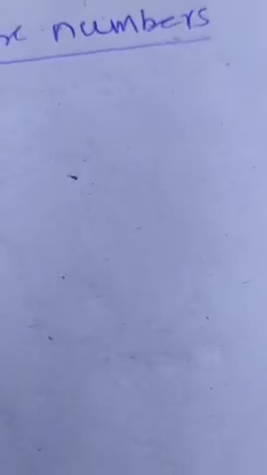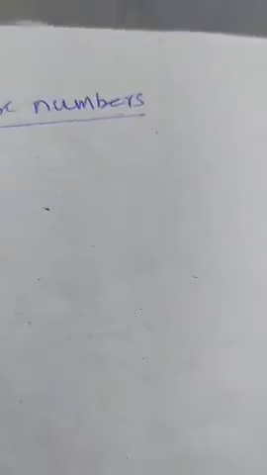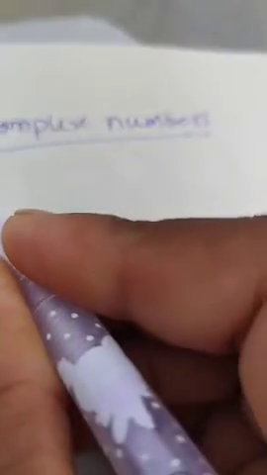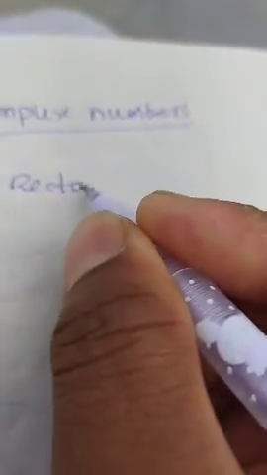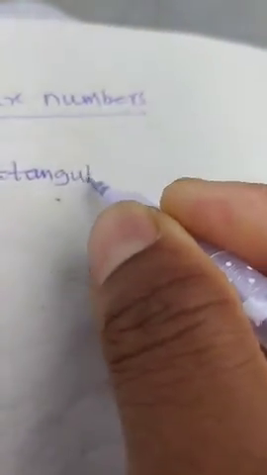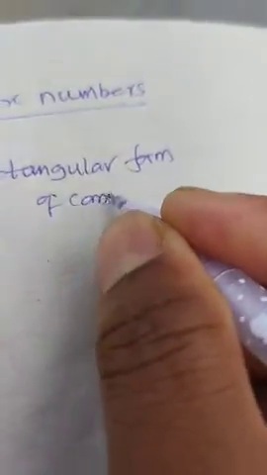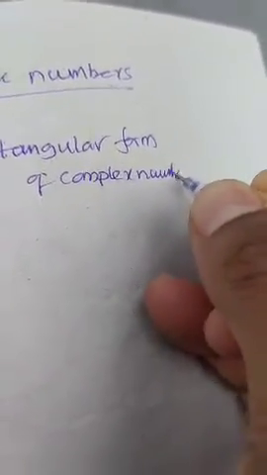Today we are going to discuss the topic complex numbers. So already you did the first exercise in complex numbers. Now today I am going to discuss three topics. One is the rectangular form of complex numbers.